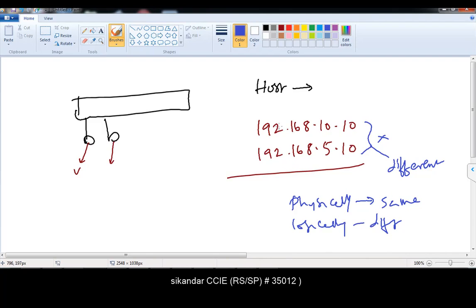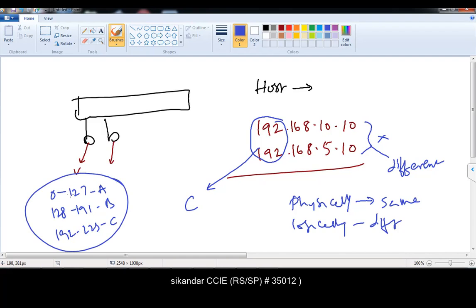Whenever you see any address, first you have to identify the class to which this IP address belongs. If you remember, the range 0 to 127 is A class, 128 to 191 is B class, and 192 to 223 is your C class address. So 192 falls in the C class.